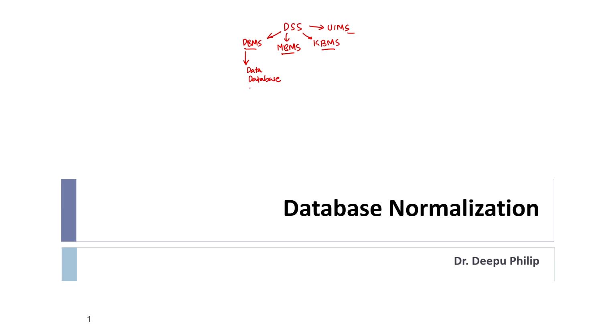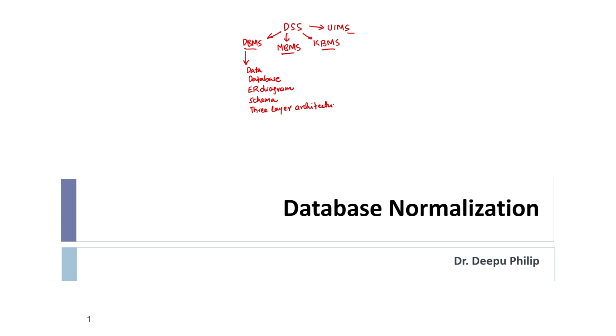We also looked into what is called an entity relationship diagram. We saw what a schema is, and the three layer architecture.